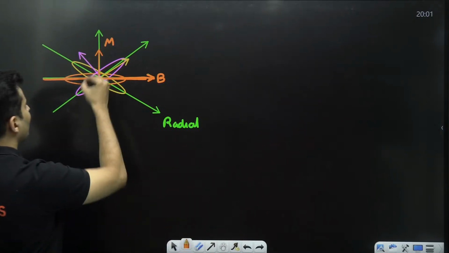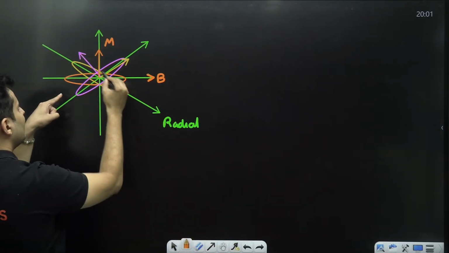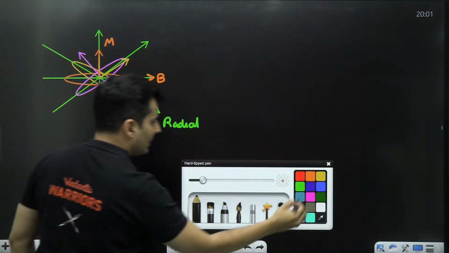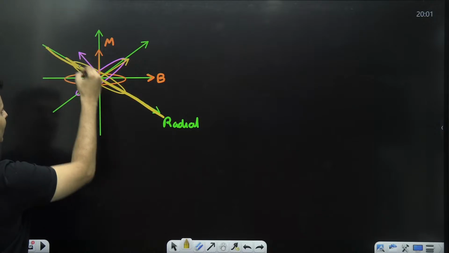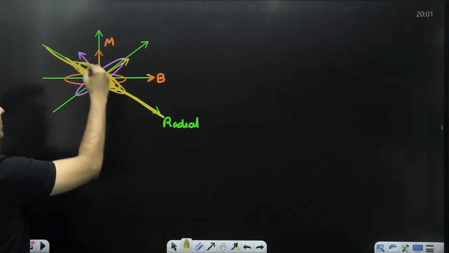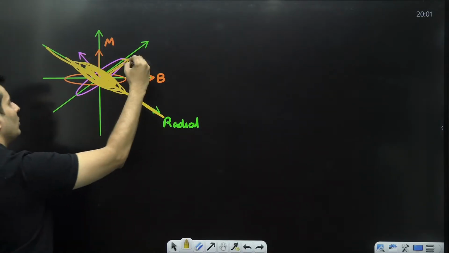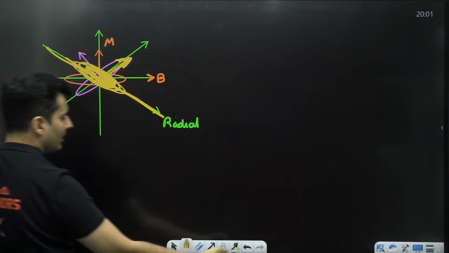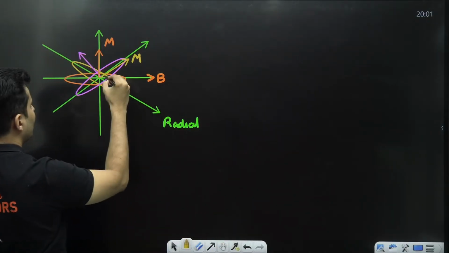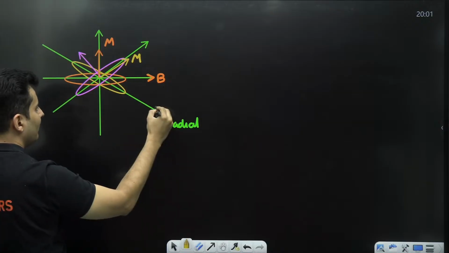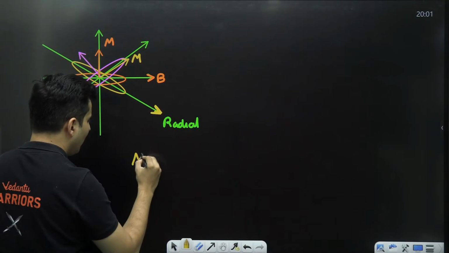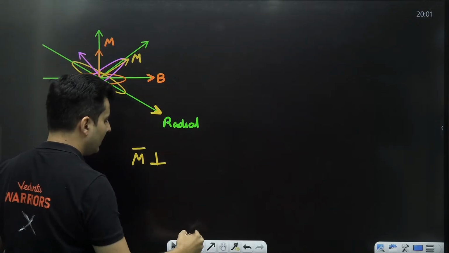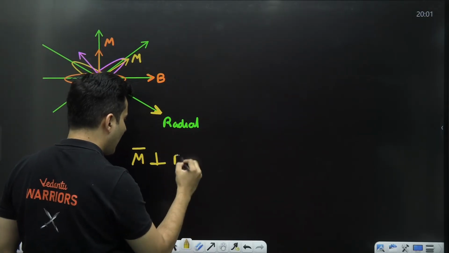It's acting on this magnetic moment and they are always going to be perpendicular. Same way, when you take this particular loop, it is this magnetic field line which affects this loop, which has this magnetic moment. Every time the magnetic moment is perpendicular to the magnetic field.